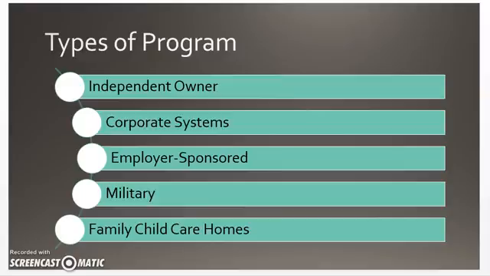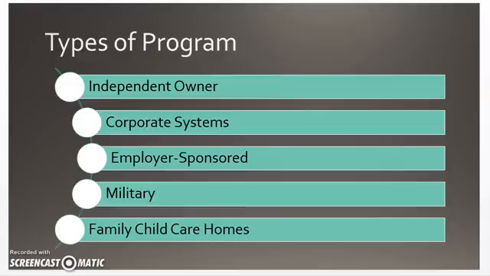They operate under central administration that furnishes support financially, and they typically decide the curriculum and make all the decisions within that corporation. The next one we have is employer-sponsored. The employer-sponsored are another example of companies that may offer this type of childcare within their company.